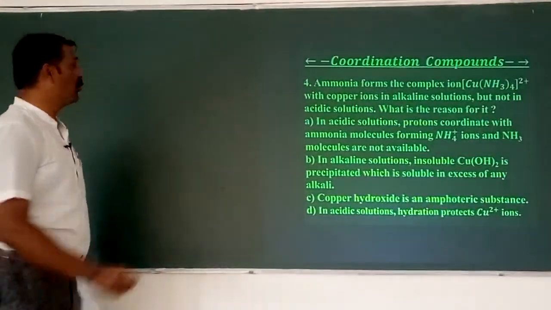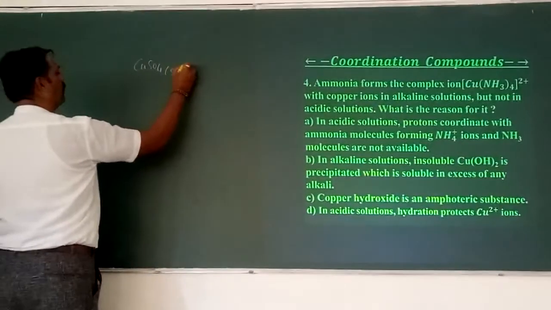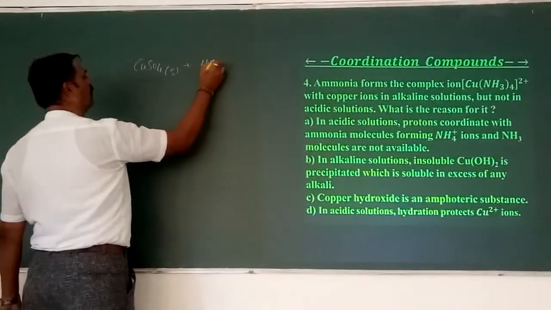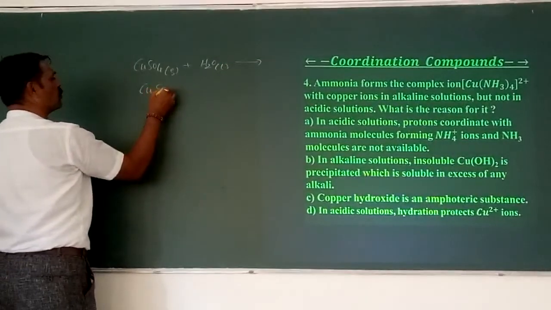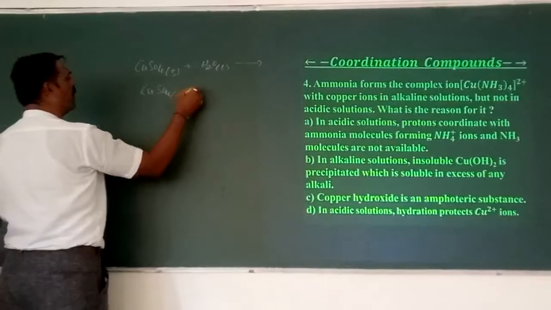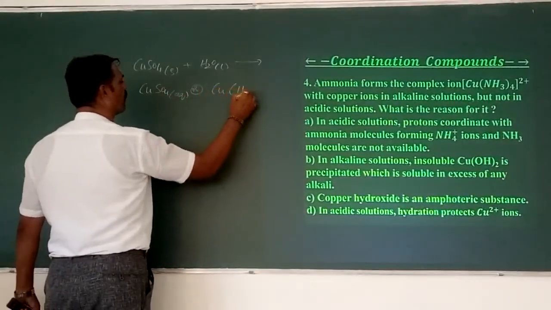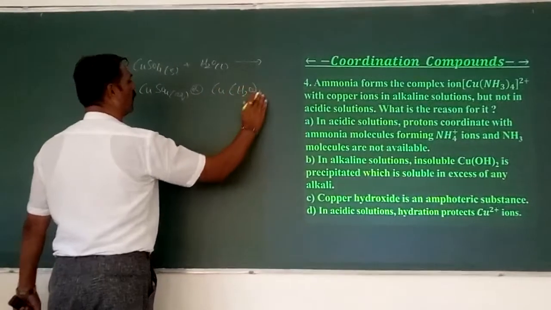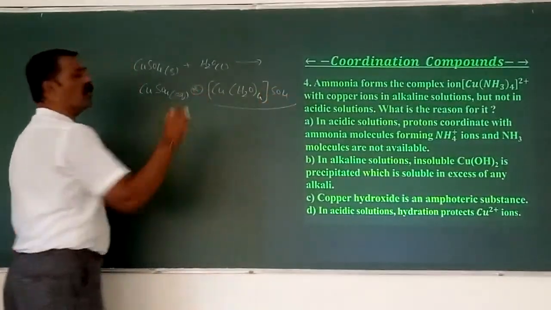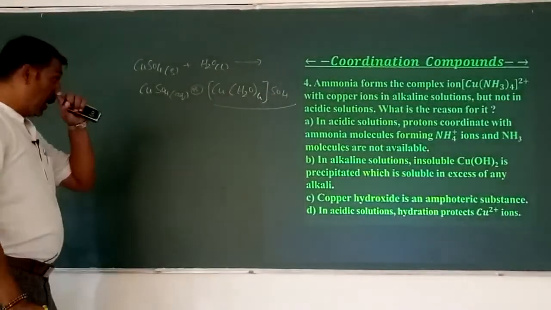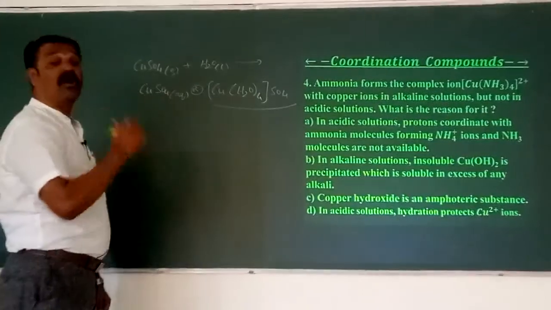Usually copper sulfate solid, when added to water, forms CuSO4 aqueous, or indirectly it is in the form of Cu(H2O)4 SO4. This is the blue colored complex here. So this has to be carried out only in the alkaline medium but not in the acidic medium.